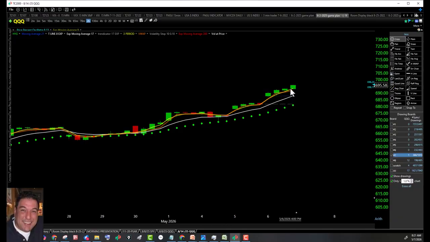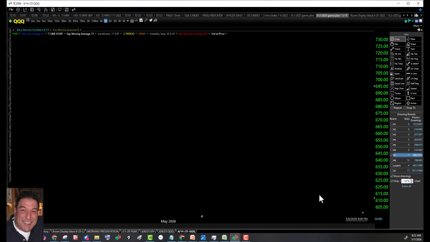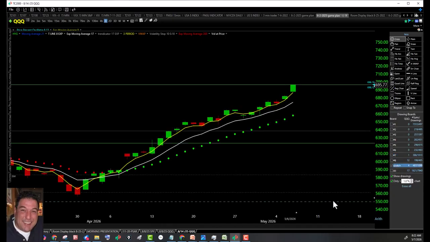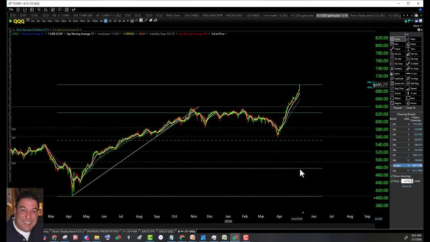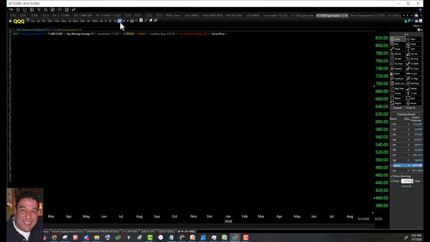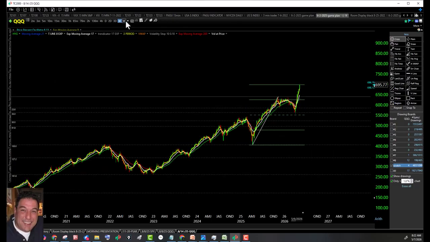You got daylight between the 3 EMA and the 8 EMA. So we got ourselves a 2-hour uptrend coming into the close. Daily chart, well, it's a new all-time high, so it's going to be bullish and in an uptrend. For QQQ, bullish and in an uptrend, it's making a new all-time high. Same with the weekly chart. Same with the monthly chart.